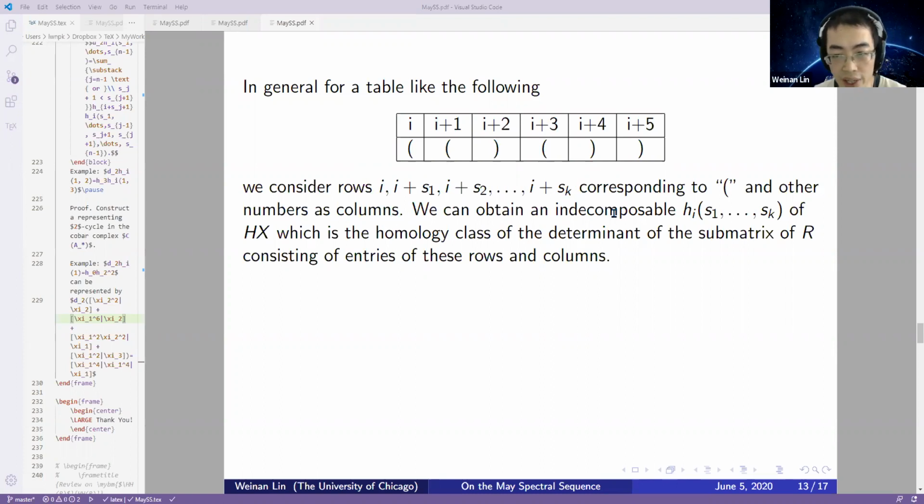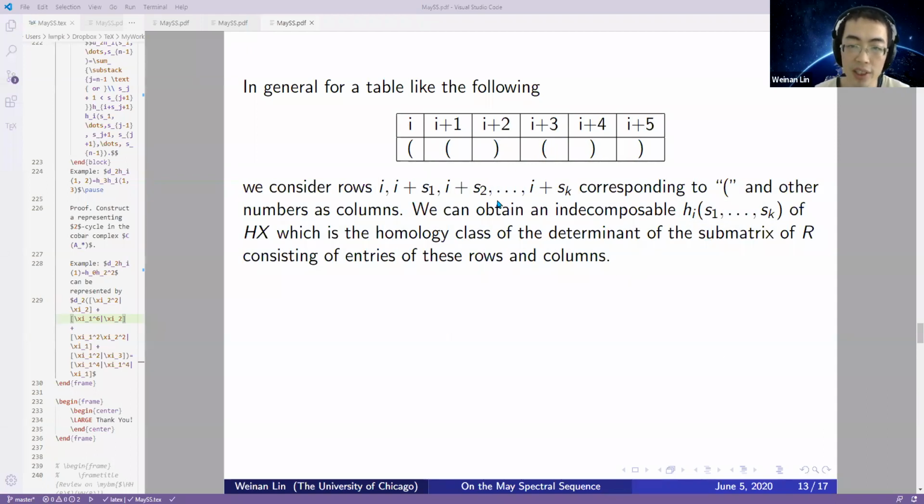Then we can obtain an indecomposable, which we denote by H_i(s1, s2, ..., sk), which is the homology class of the determinant of the submatrix of R consisting of entries of these rows and columns. So consider the ith row, the i plus first row, the i plus third row, and the i plus second column, the i plus fourth column, the i plus fifth column.